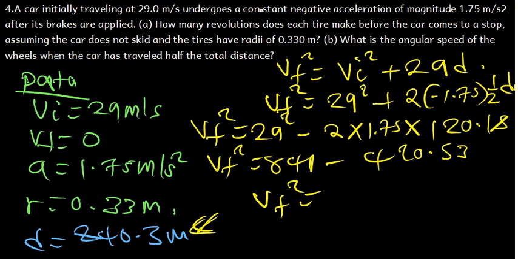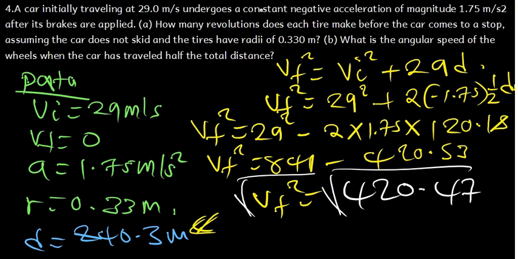This is going to give me, it can't be 700 because it's 841, minus 420.53 is giving me 420.47. Now I get the square root of both sides. My v final, when the distance was half, is going to be, what is the square root of 420.47?